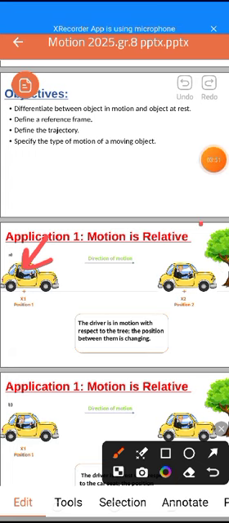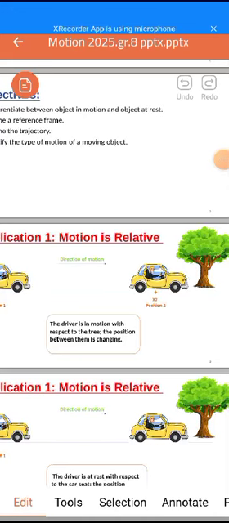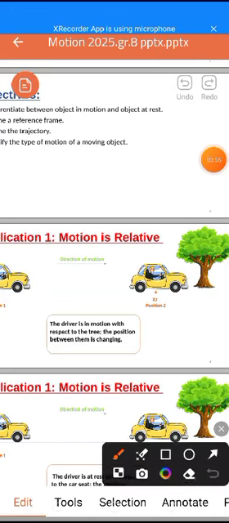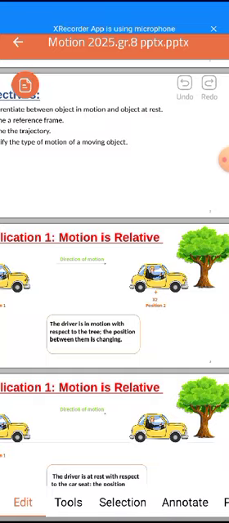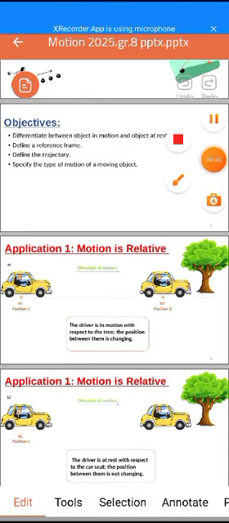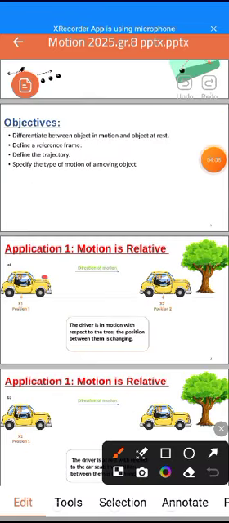I'm going to choose the tree as a reference frame. Now the tree is a reference, and the object is the driver. So here, the object is coming closer to the tree. So his position is changing with respect to the tree.